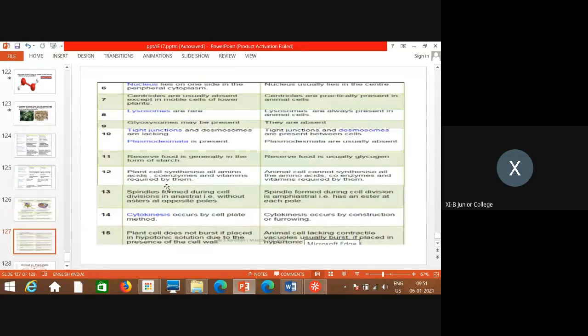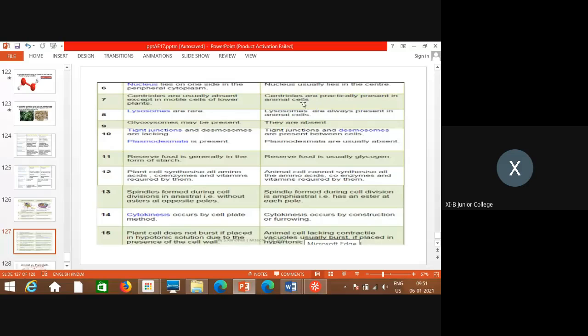Then these are a few more points which can be considered as differences between the plant and animal cell. The nucleolus lies on one side of the peripheral cytoplasm in a plant cell, whereas generally it lies at the center in an animal cell. Then centrioles are usually absent in a plant cell, except in motile cells of lower plants, whereas they are present in animal cells.